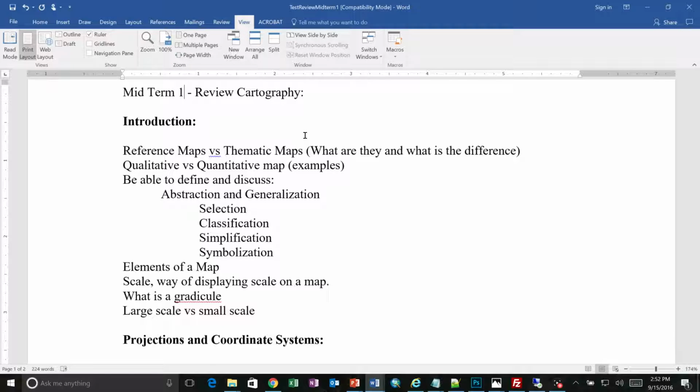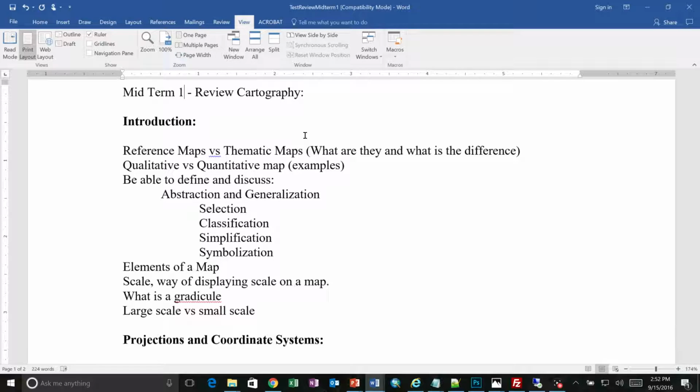So a reference map is for referencing location, finding location. Thematic maps are for telling a story or communicating an idea, communicating a variable to people. Okay. So what would be an example?